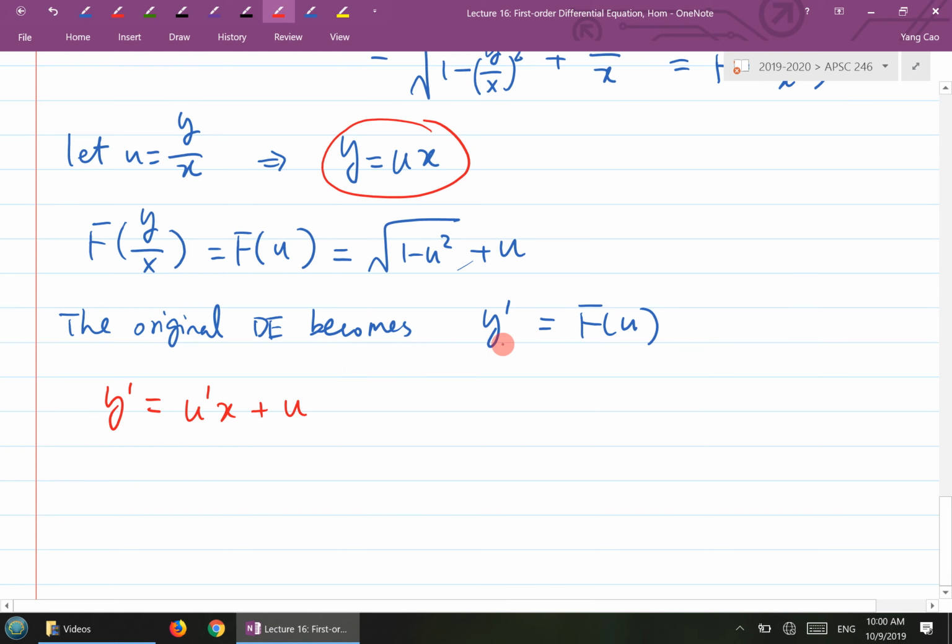So y prime is this. So we get du over dx times x plus u, that's your y prime, and equal to f of u. Okay.